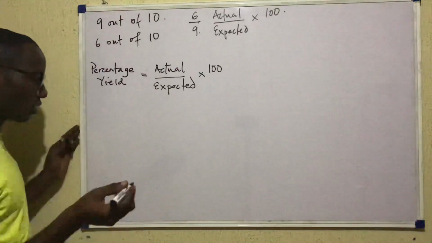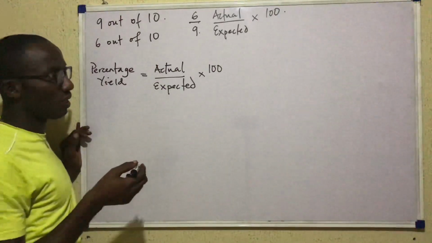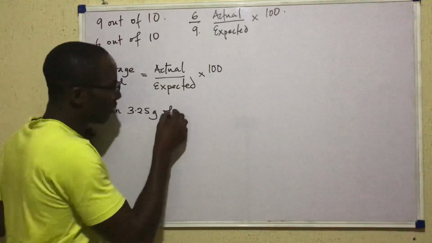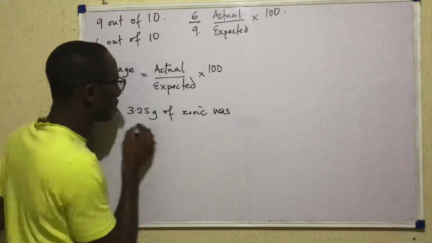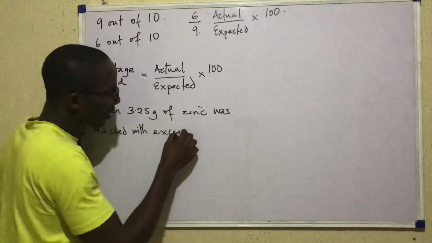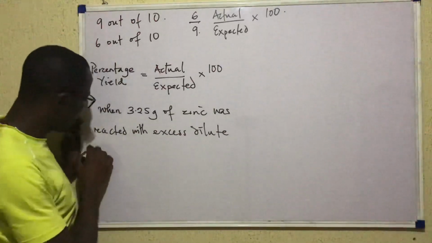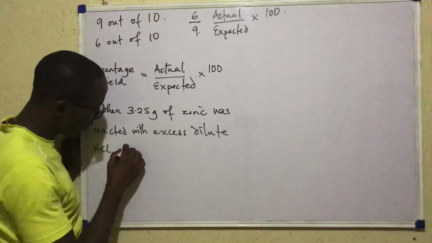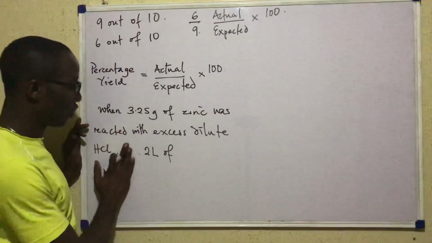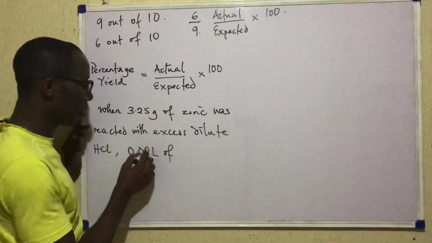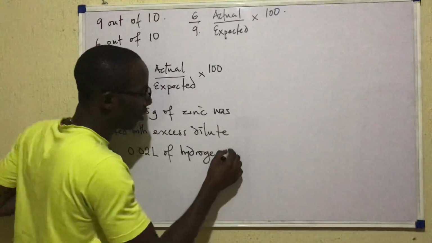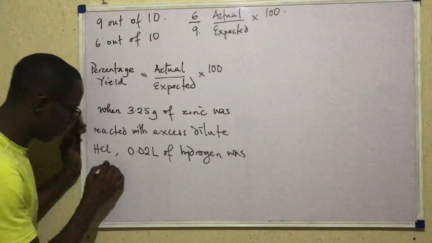So consider a question like this one. Consider this question that says, when 3.25 grams of zinc was reacted with excess dilute HCl, 0.02 liters of hydrogen gas was evolved.